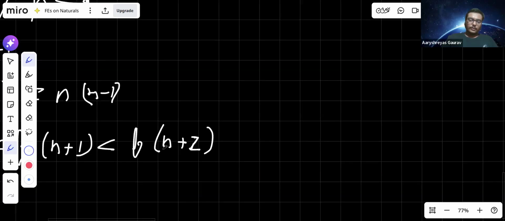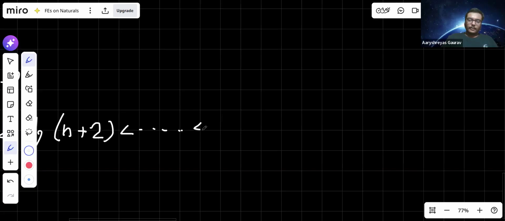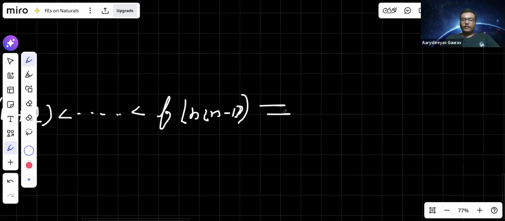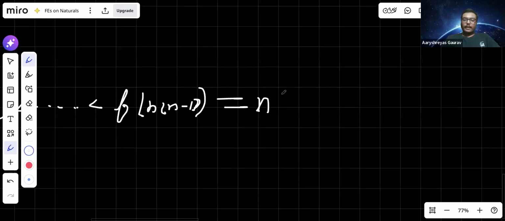And this can go on till f of n times n minus 1. And the good thing is that we know what f of n times n minus 1 is, and that is n times n minus 1.